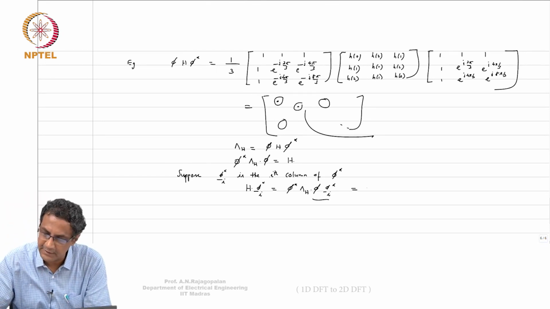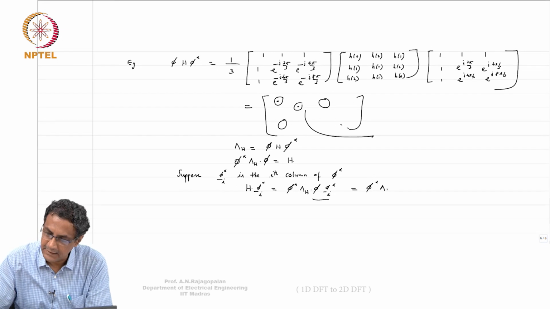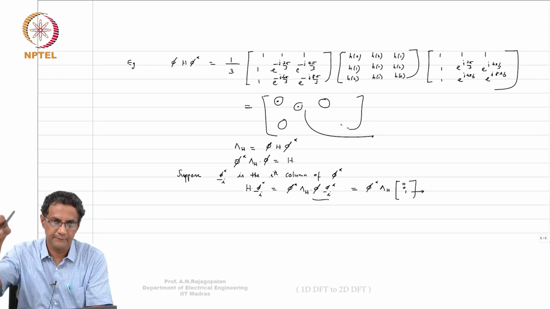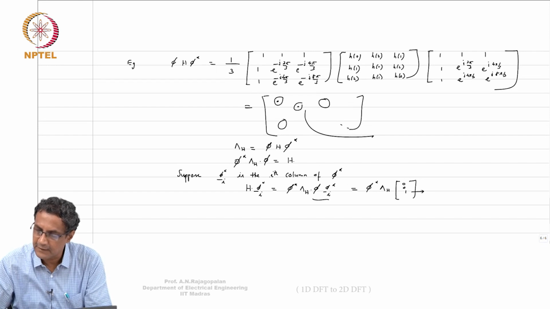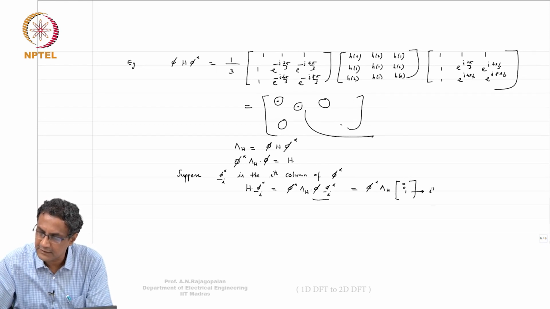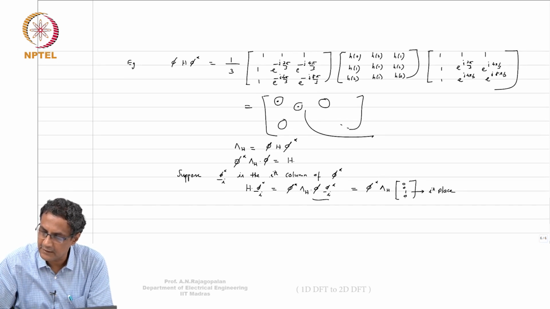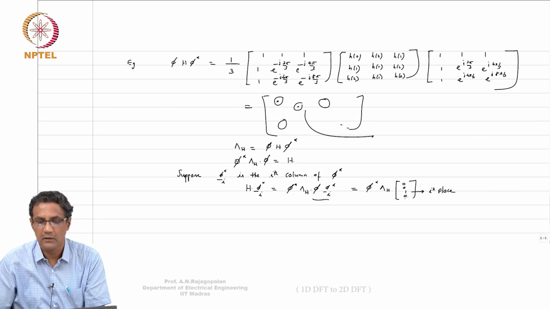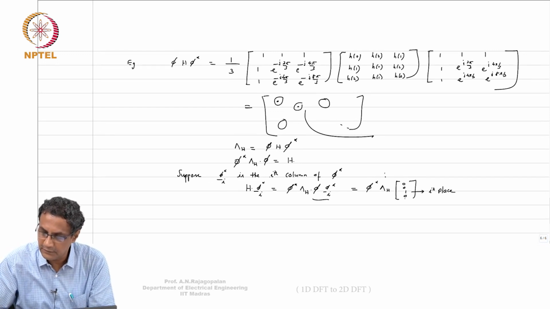So this will be phi star diagonal H, and then you will get a vector which is 0, 0, 0, and then 1 in the ith place, because the ith row of phi, when it multiplies phi i star, that is when you will get a 1 here, and then again 0. Now since you have a diagonal matrix here, what will this be equal to?